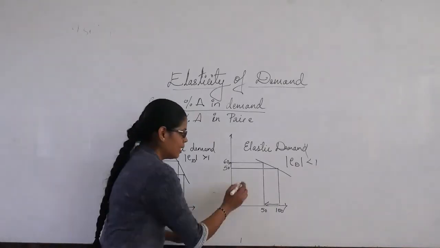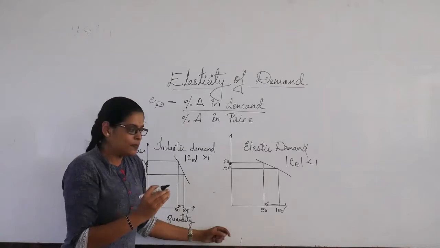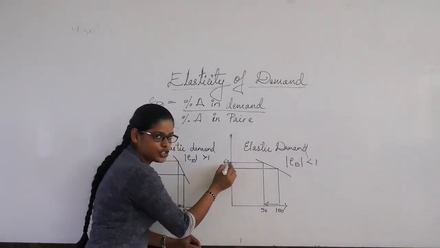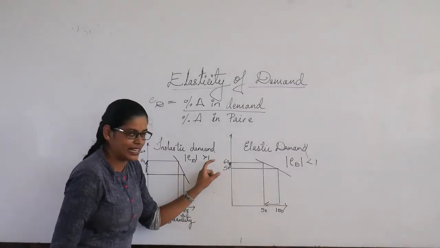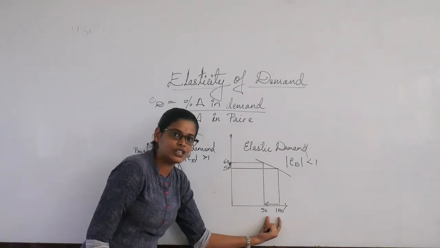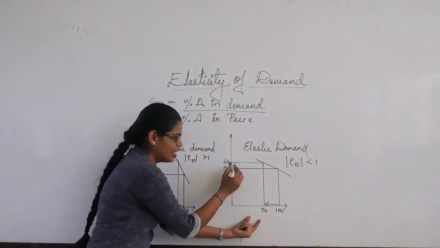Why? Because the percentage change in the price, from 50 to 10, is very small compared to the quantity change from 100 to 50. You can see that there is a huge difference.